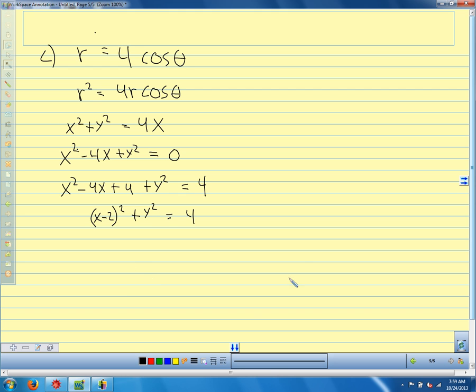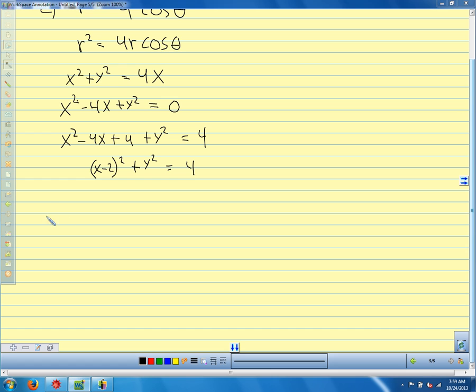One last one, and then we'll look at some graphs. r equals 4 over 2 cosine theta minus sine theta. What are we going to do here? Multiply.